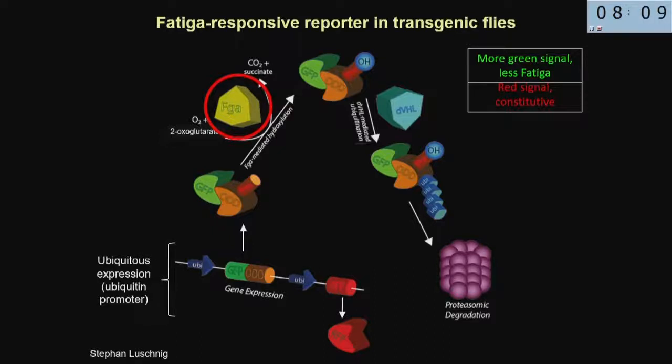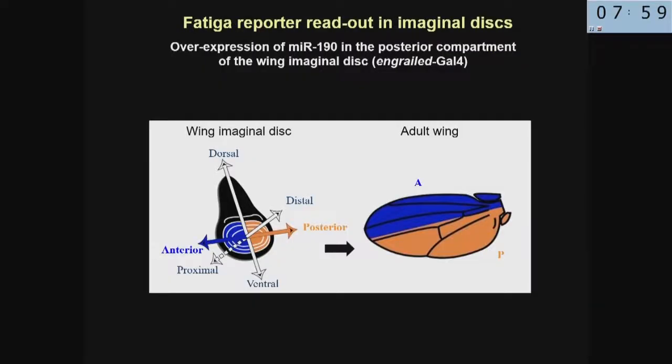While the red signal is constitutive because it's regulated by the same promoter independently. So we did the study in imaginal discs. Imaginal discs are the primordia of the organs in the fly. We did so in the imaginal disc of the wing.